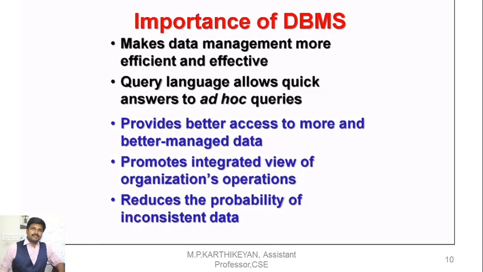One more thing is that it reduces the probability of inconsistent data. Consistent data means one unique ID is given to a particular record. Inconsistent means data will be repeated, with data redundancy. These things can be avoided in a DBMS format.